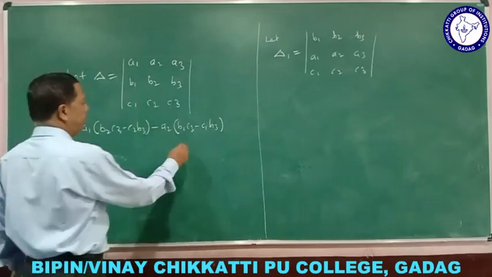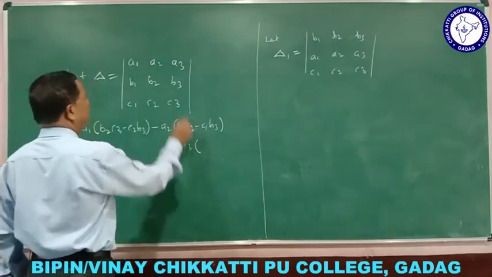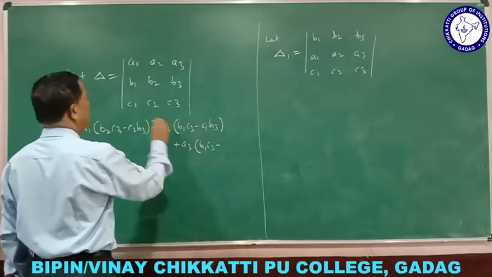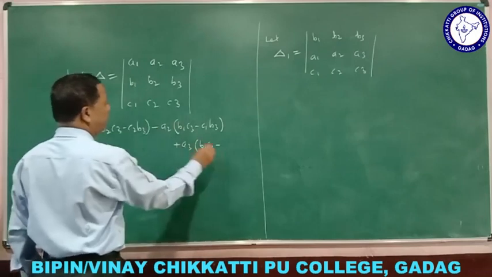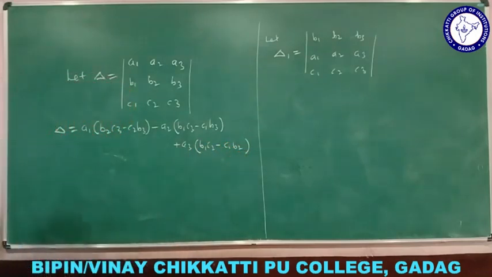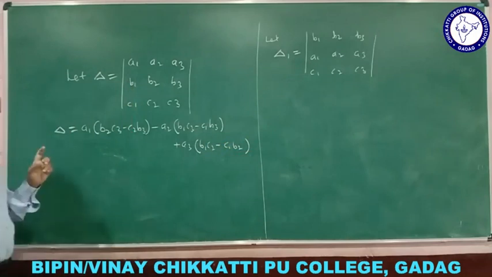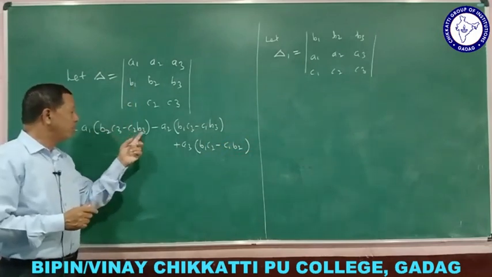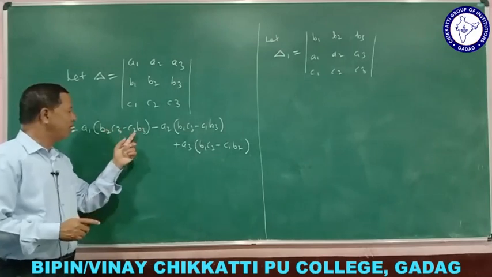Next, A3 into bracket, B1 C2 minus C1 B2. Understood here? But observe carefully how BC, CB changes.